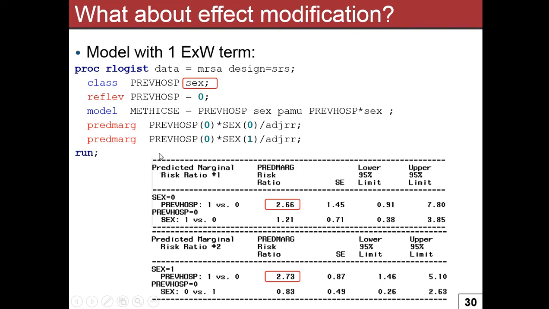This table is the output for this first statement. The way I know that is it says right here, when sex equals 0, what is the effect of prevhosp 1 versus 0? That's the thing we want. That's the risk ratio for the exposure, 1 versus 0, when sex is 0: 2.66. So that's the first thing of interest. It also gives you, for this line, something you don't care about, which is when prevhosp is 0, sex 1 versus 0.